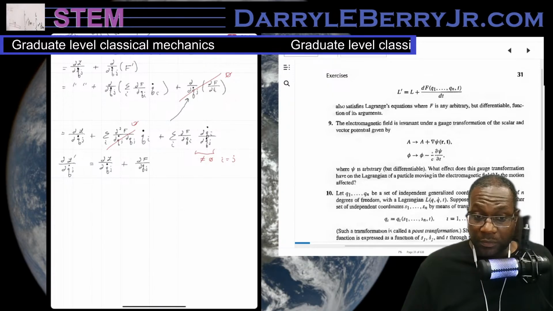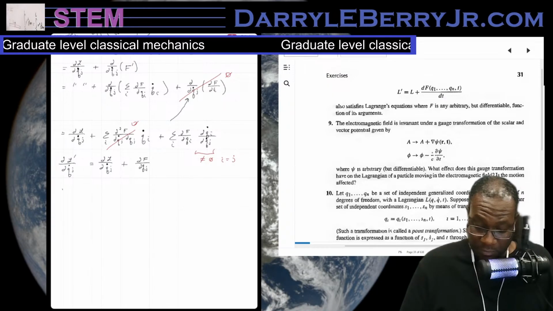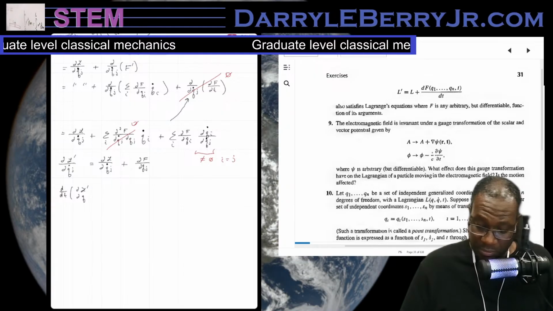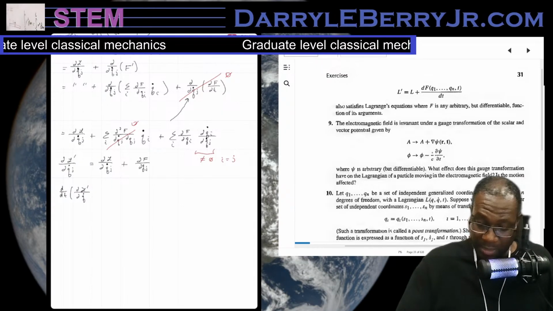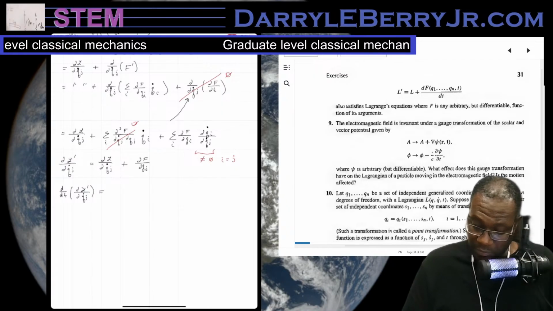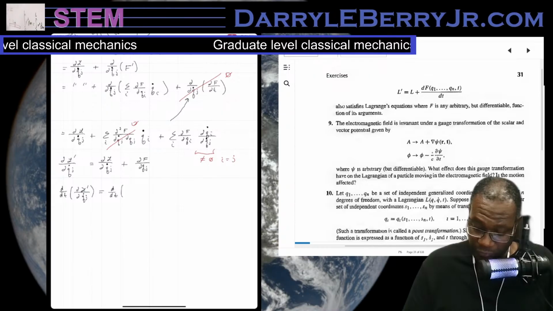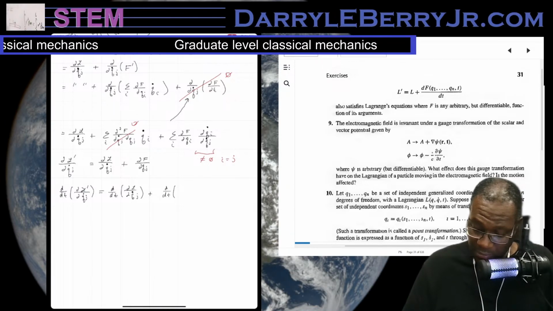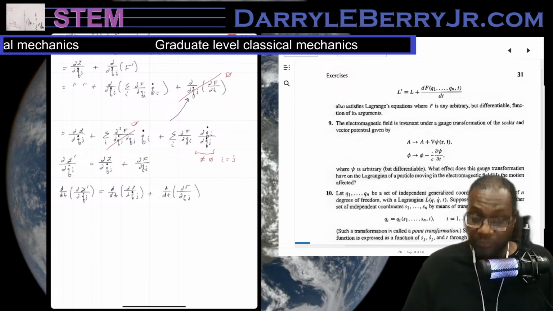So now we have d/dt of partial L prime over partial q dot j. So that equals d/dt of partial L over partial q dot j plus d/dt of partial f over partial q_j.